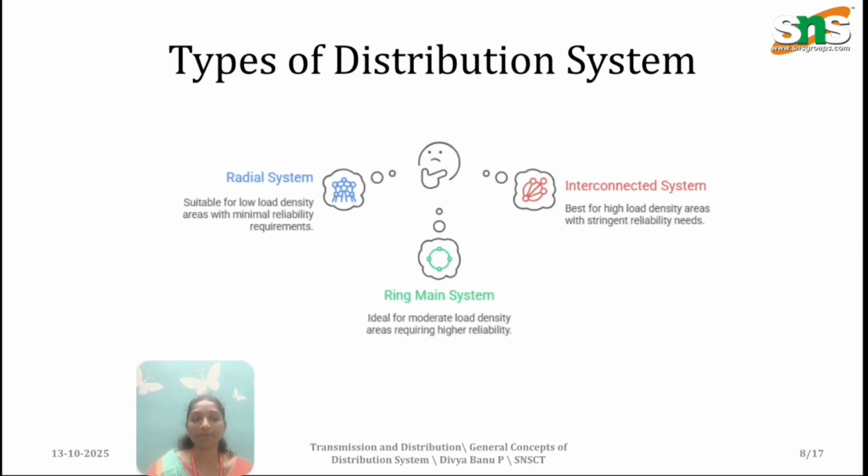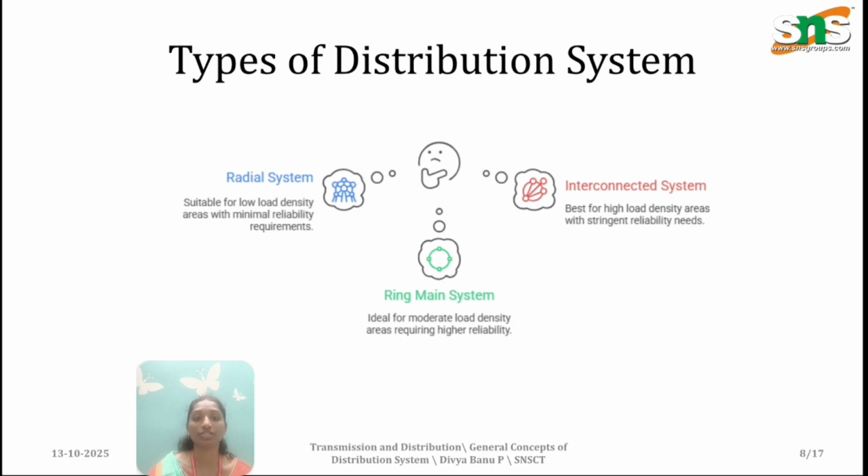Next, coming to the types of distribution systems. The main types are radial, ring main and interconnected systems. Ring main is ideal for moderate load density and requires higher reliability. We can supply many consumers, and it is ring shaped.